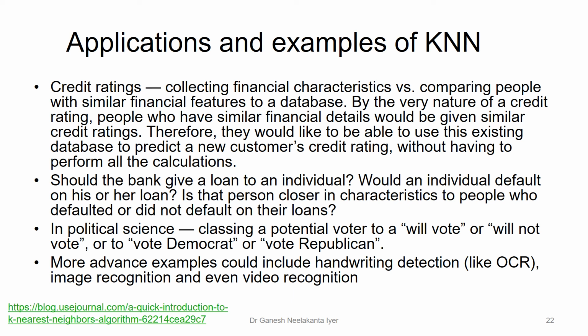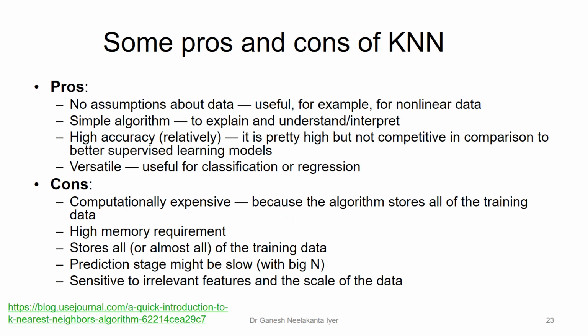Or things like, should the bank give a loan to an individual, very similar to credit rating. In political science, classifying a potential voter as will vote or will not vote. More advanced examples are things like handwriting recognition, video recognition, image recognition; the space is infinite.